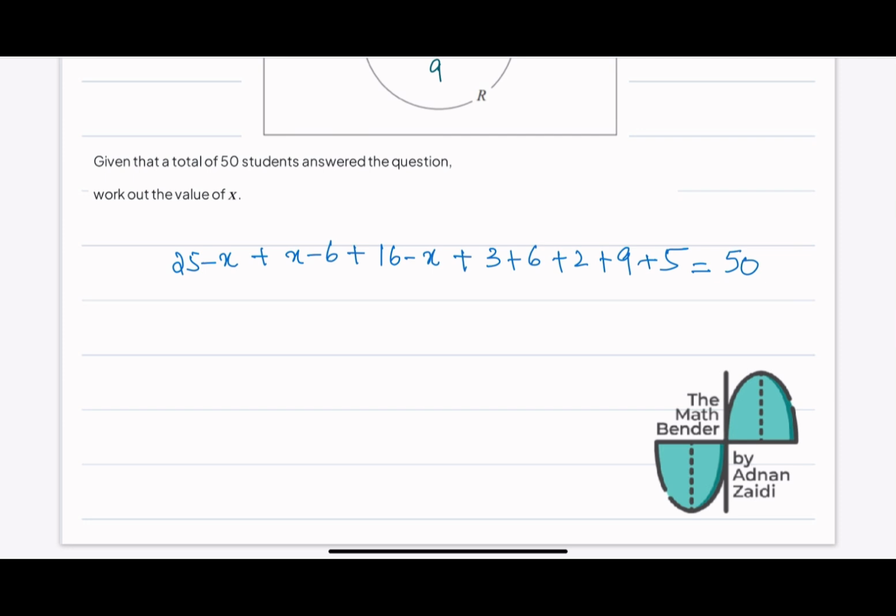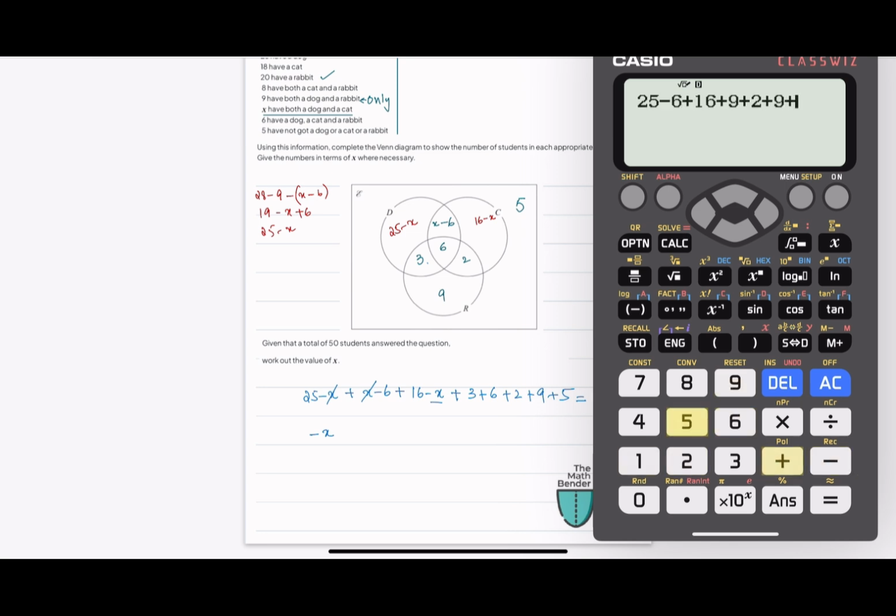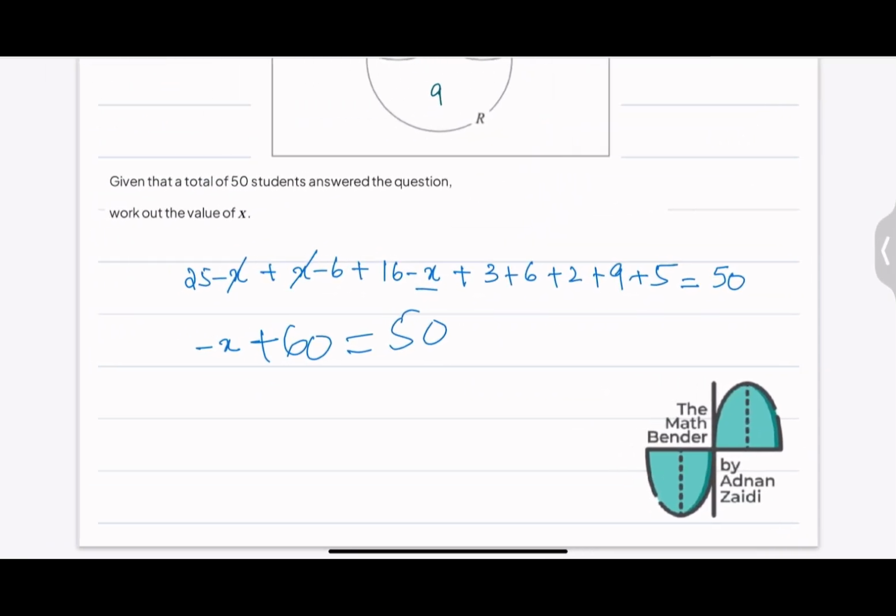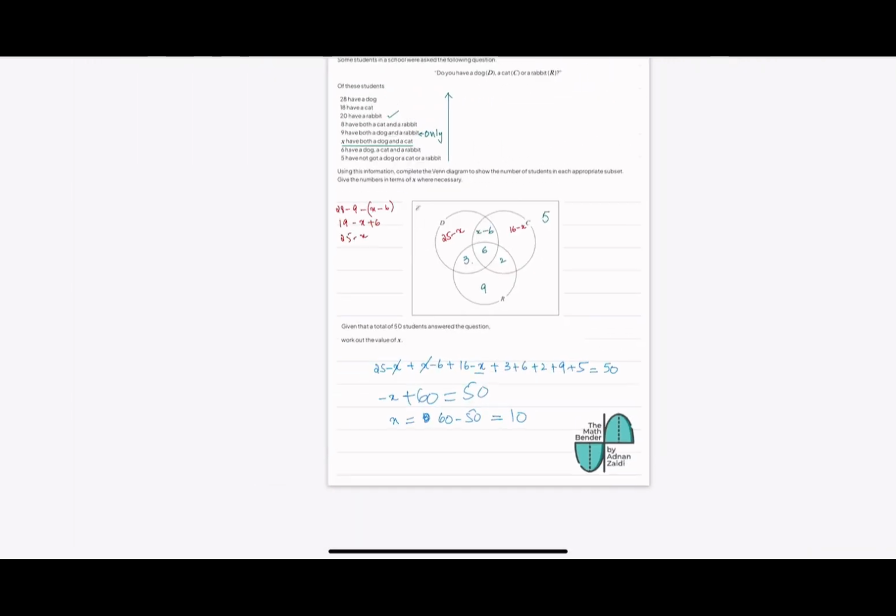So I can say that this and this cancel out. This will be minus x, and now adding all the left hand side data. And x is equal to, if you manipulate the equation, 60 minus 50, which is going to be 10.